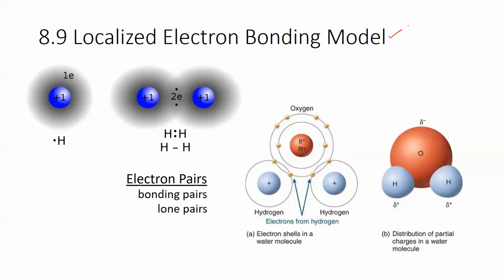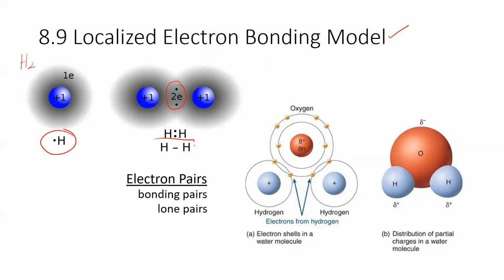Okay, so the localized bonding model is a key for, and we've been using this a little bit, right? We've said that when we've had a molecule, say the hydrogen molecule, so we'll start out with H2. Well, each hydrogen atom has one proton and one electron, and the protons and the electrons are shared between the two atoms.